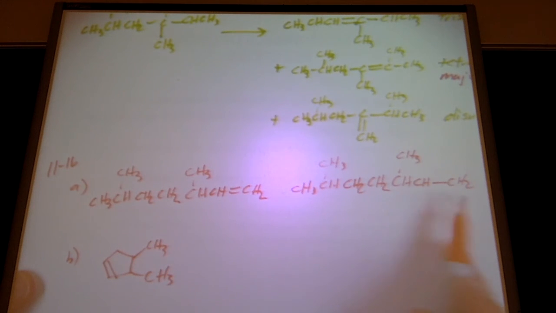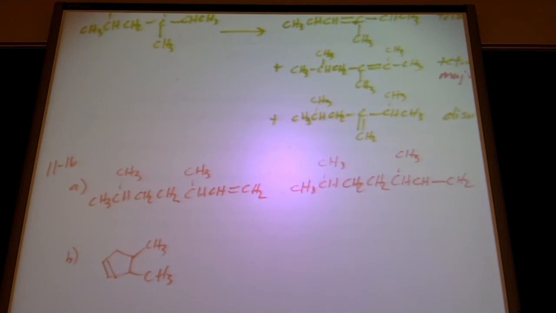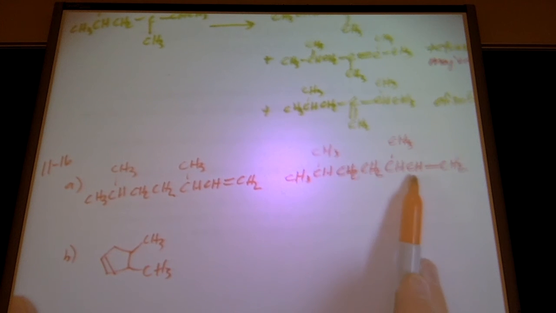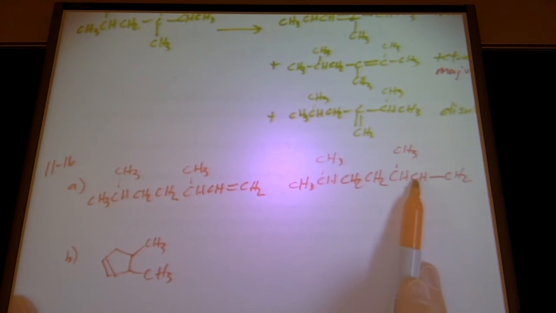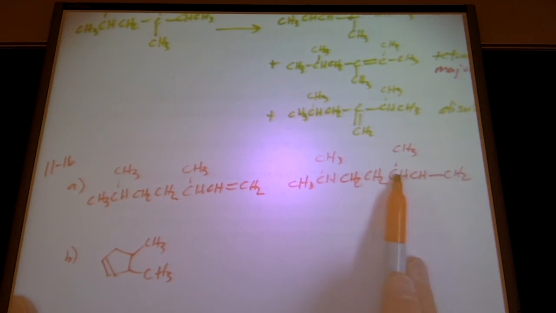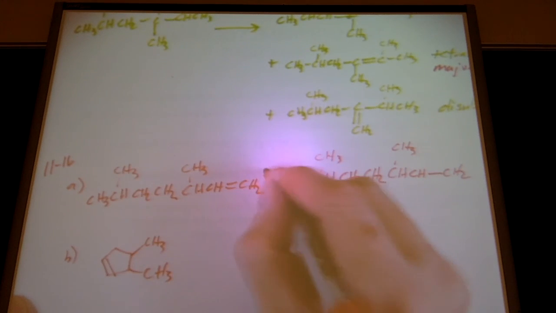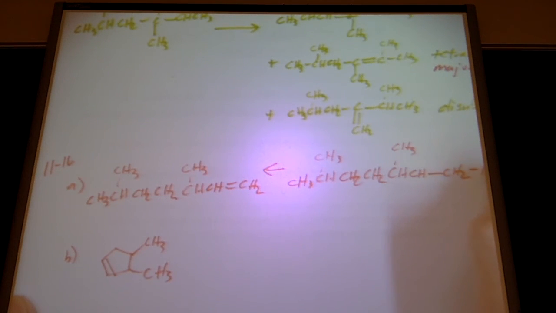So that's where I'm going to put my halogen. There's 2 carbons there. I can put the halogen at either position. If I put it here, there are 2 adjacent positions, so my double bond could go here or here. But if I put my halogen here, it can only go to one position. That's the product I want to make. So it's better to put it at that position so it only forms one product.